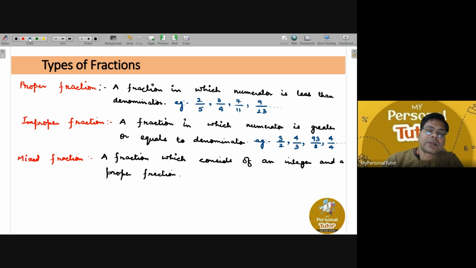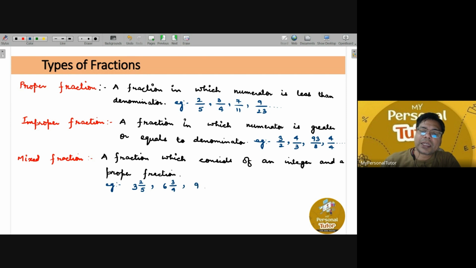All right. So for example, let's take integer 3, okay, and you take any proper fraction, let's say 2/5, right? So how do we read it? 3 2/5. So this is nothing but a mixed fraction, okay. Suppose if I take another example, 6 3/4. This is nothing but an improper mixed fraction.